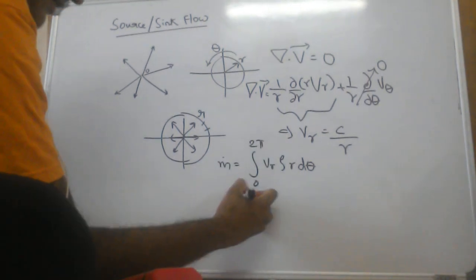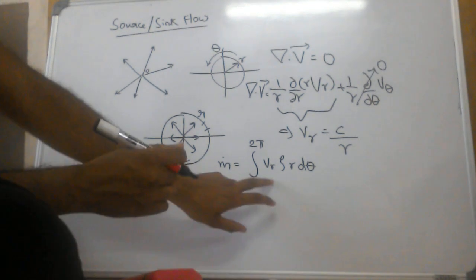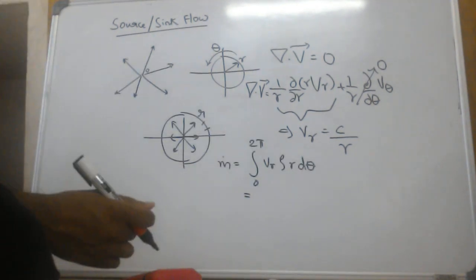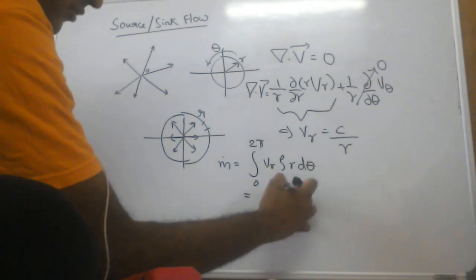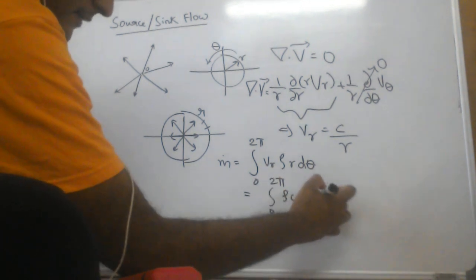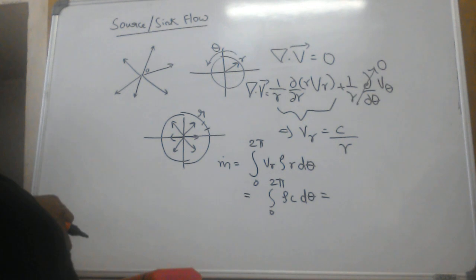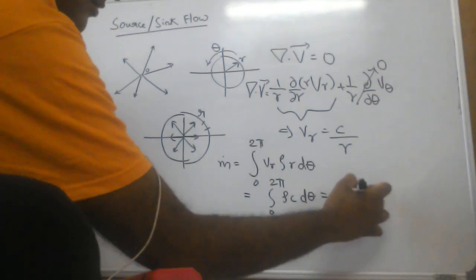On integrating this, we know that Vr is c by r, so this becomes the integral from 0 to 2 pi of rho c d theta, which is equal to rho c 2 pi.